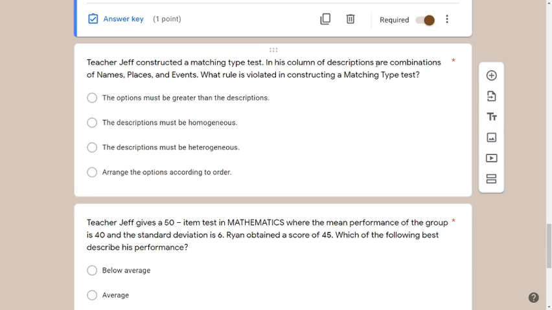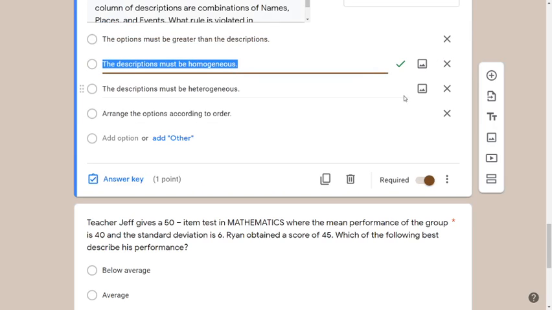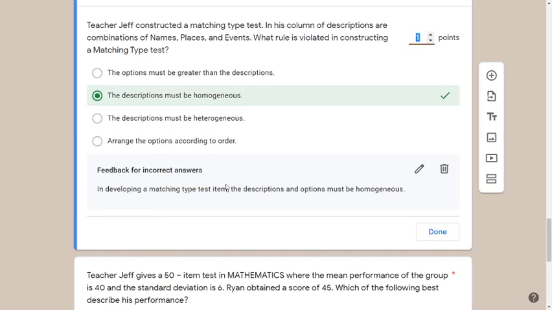If the question is asking for the rule being violated, then it might mean that the description should have been homogeneous, correct? Therefore, between the two, I would choose homogeneous. What you also have to understand is that if you are developing a matching type test, the descriptions and options must be homogeneous. That's actually a rule in creating a matching type test, which has been violated in this example.